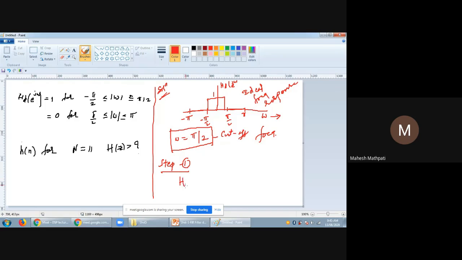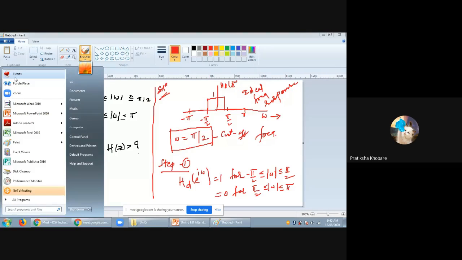So write it: HD of e power j omega will be equal to 1 for minus pi by 2 less than or equal to magnitude omega less than or equal to pi by 2, and is 0 for the value pi by 2 less than or equal to magnitude omega less than or equal to pi. This is our step 1. Any confusion here?